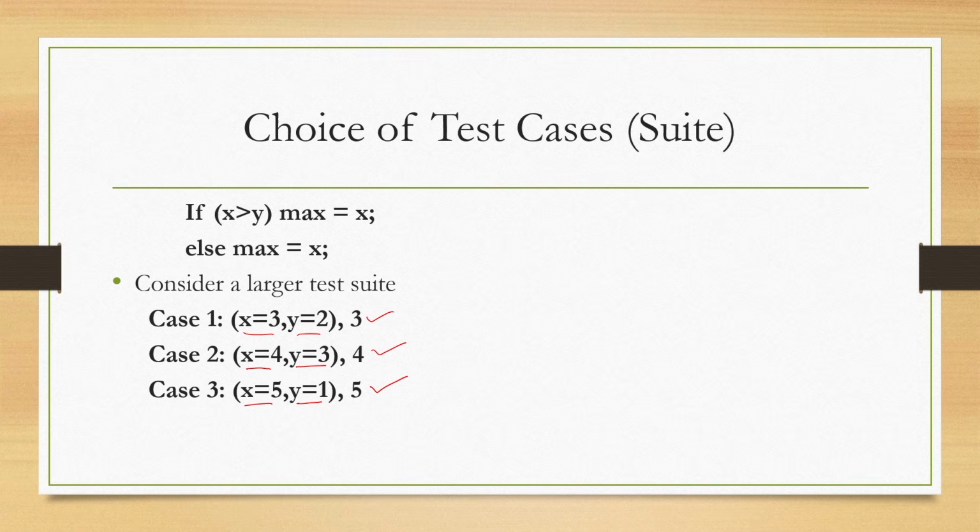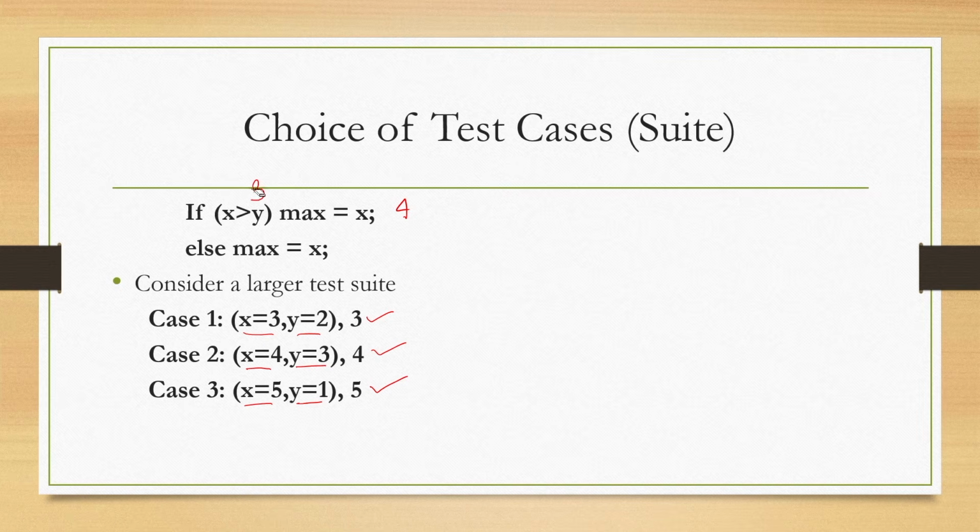Let us see. When x equal to 3, y equal to 2, we get output 3, it matches. When x equal to 4 and y equal to 3, again we get output as 4, it matches. So, we do not detect any error.